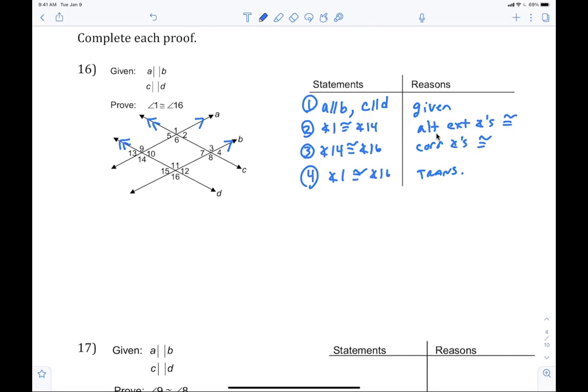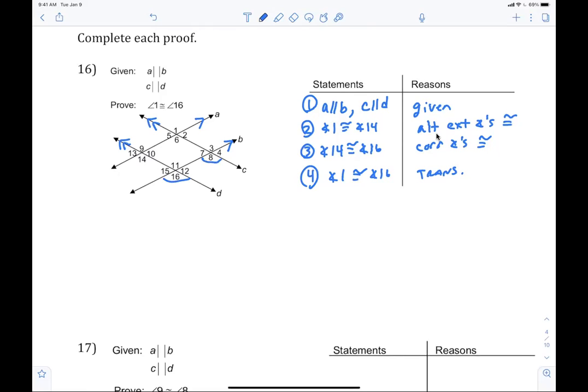Now, there are so many ways to do that. You don't have to do it that way. Does everybody agree with me? You can use all different kinds. All right, does anybody want to say theirs real quick and let me check yours? Go, Lexi. I did angle 8 is congruent to angle 16, corresponding.